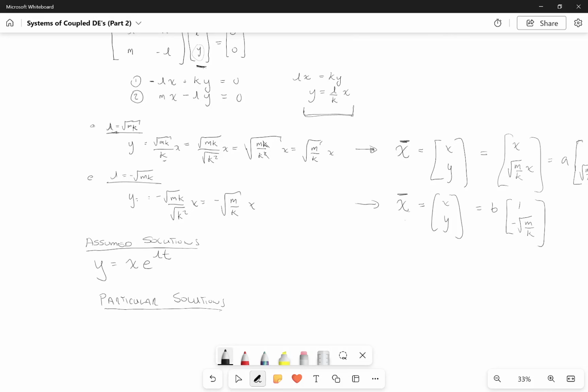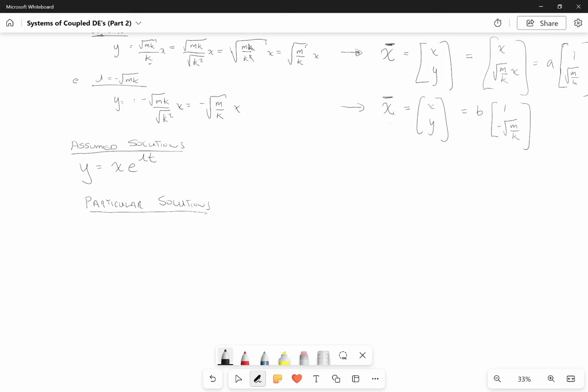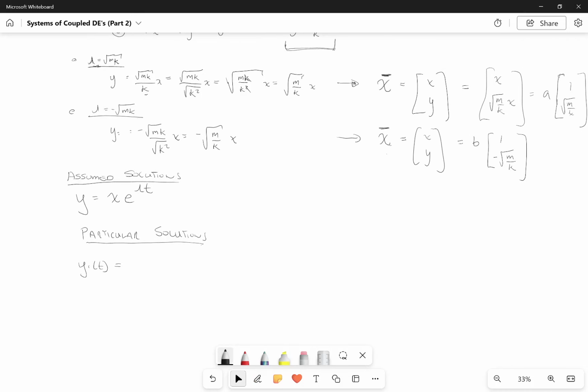Okay, so y1 of t is equal to, now x in the first one was a, and then 1, and then square root m over k, e to the, and what was the lambda in this case? Square root mk, t.